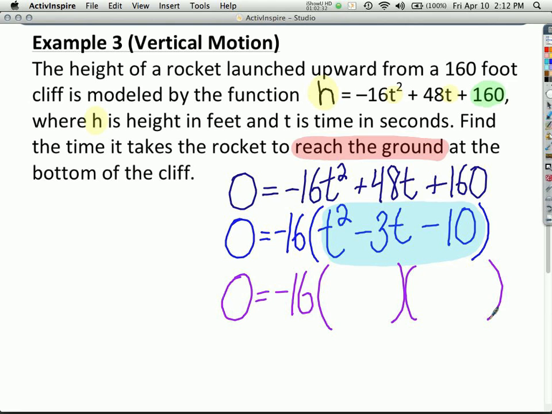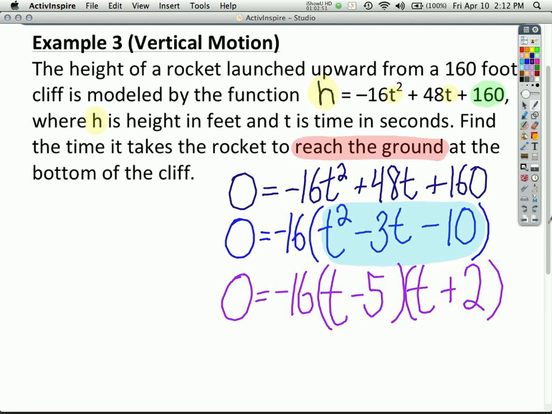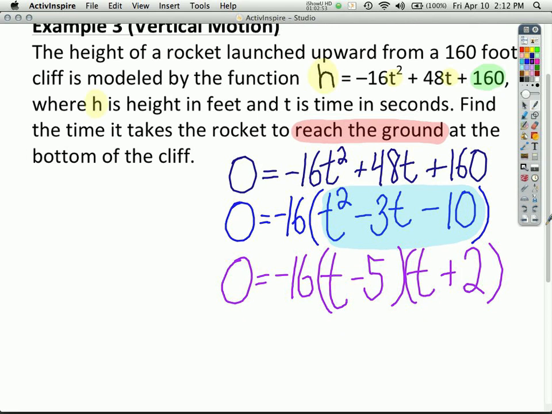Go ahead, Chanel. T minus 5 times t plus 2. Cheyenne, you agree with that? You got the same thing? Good. So again, I want to point out how this started out so complex, and then just because of our skills with factoring, we're able to turn it into something that's very manageable.